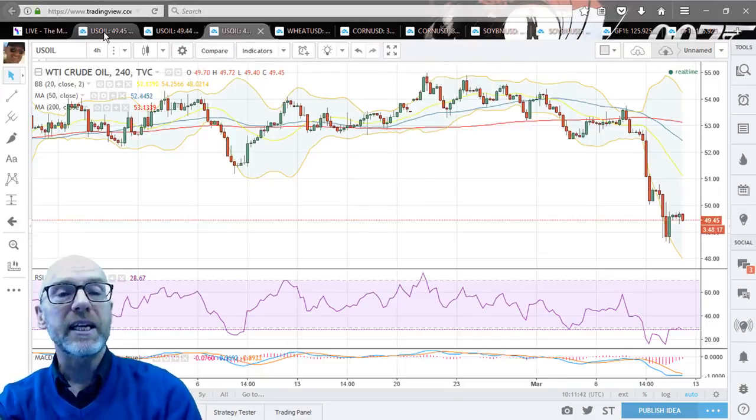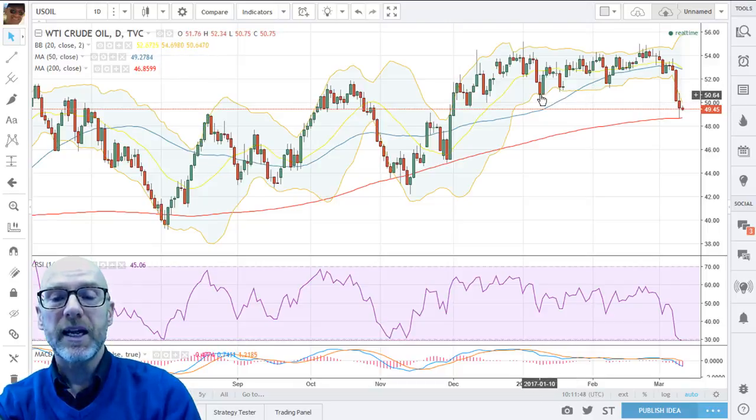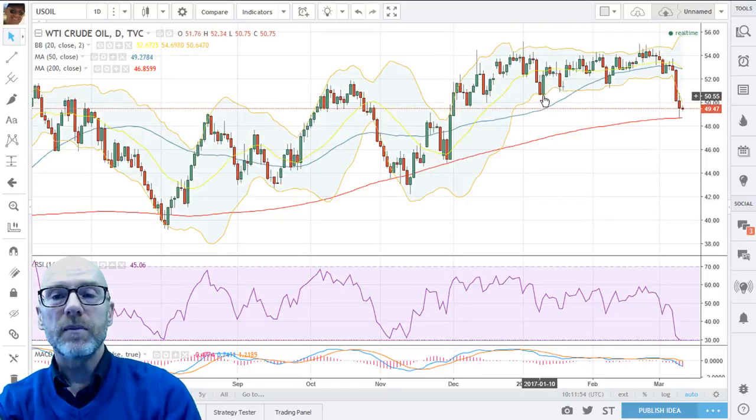Looking back at the daily where the 51 is, it's a nothing level. Perhaps it's the resistance here that we had back in January, the second week of January. So that could be the resistance level to watch.